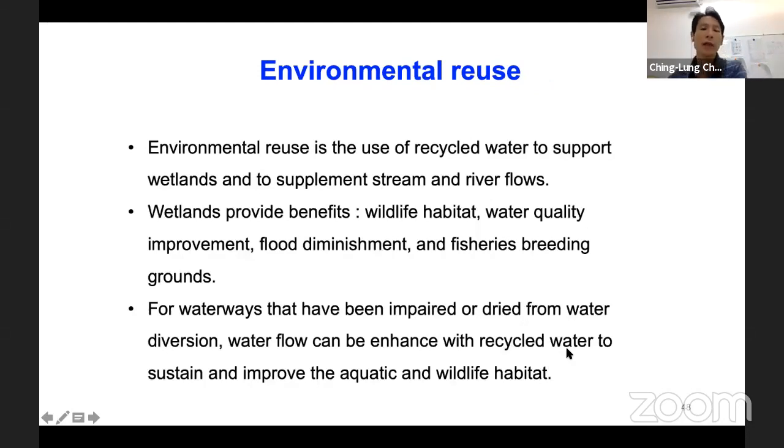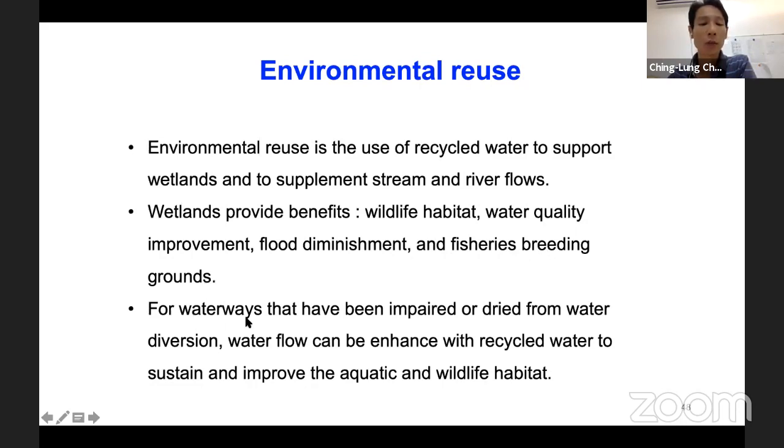And then this is environmental reuse. Environmental reuse is the use of recycled water to support wetlands and to supplement stream and river flows. Wetlands provide benefits such as wildlife habitat, water quality improvement, flood diminishment, and fish breeding ground.